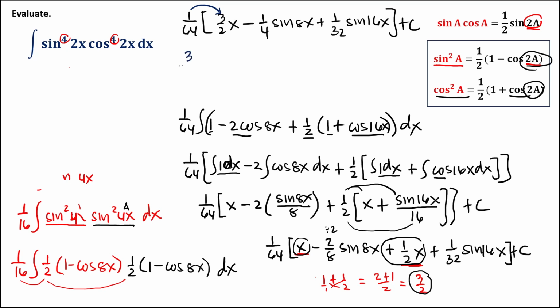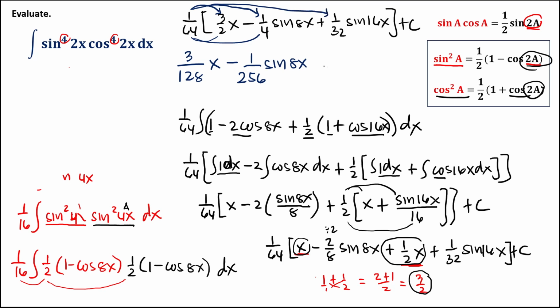So this one is 3 over 64 times 2, which is 128, then x, then minus, for this term, 1 over 64 times 4, this one is 256, then sine 8x.